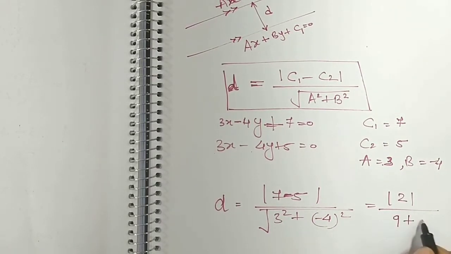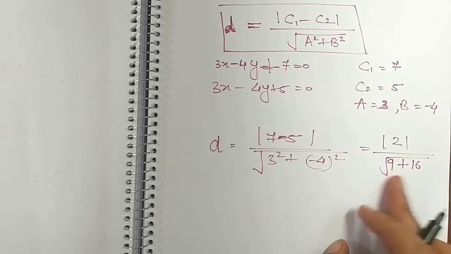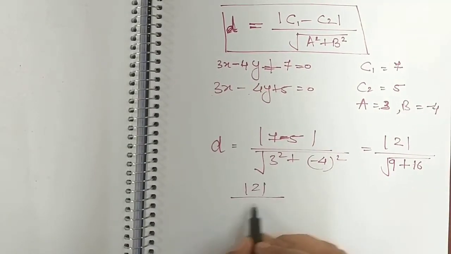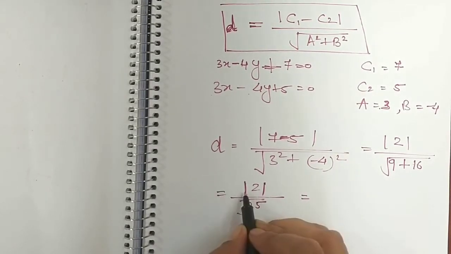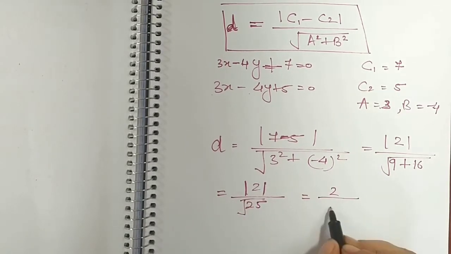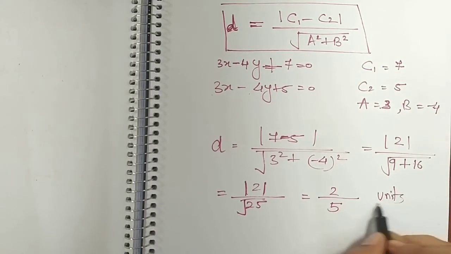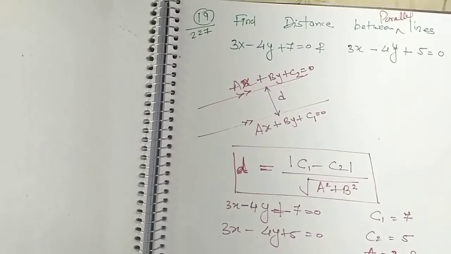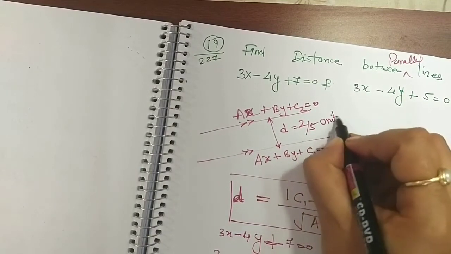And this is root of 9 plus 16, which is 25. When mod 2 comes out, it's already positive, right? So it comes out as it is, and root of 25 is 5. So this is your answer. The distance between the given two lines is 2 by 5 units.